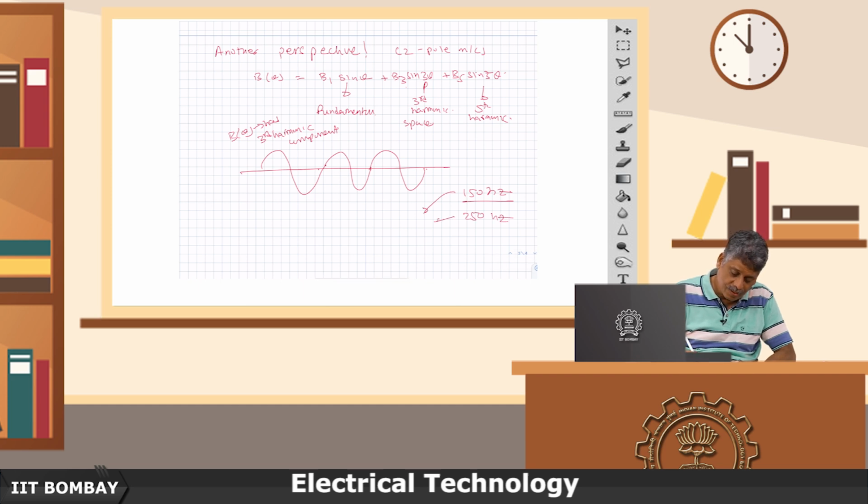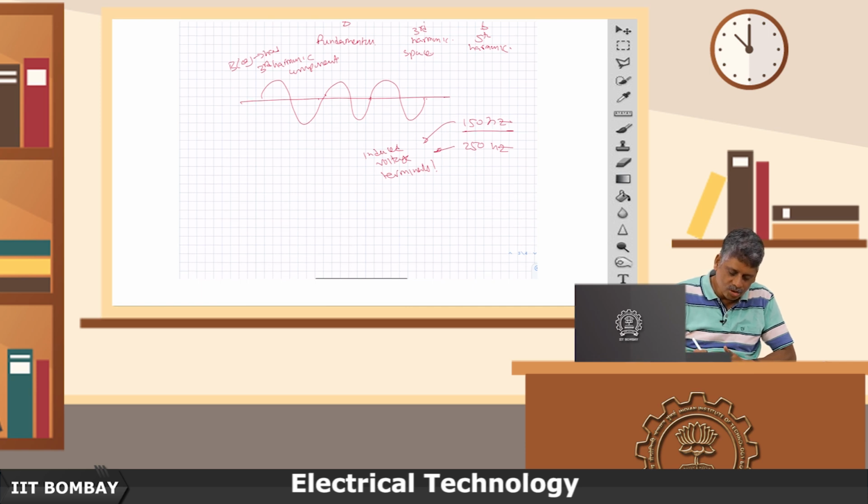This is the waveform, means induced voltage at the terminals. This is the waveform that it will generate at 50 hertz, and this distortion we do not want to have.